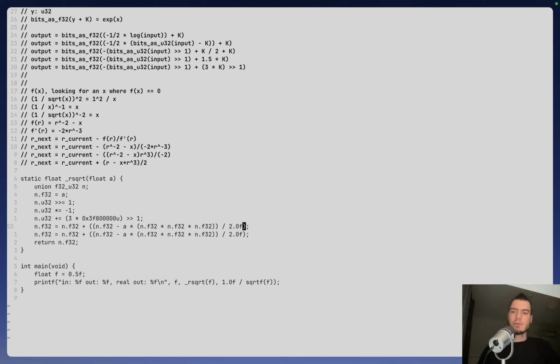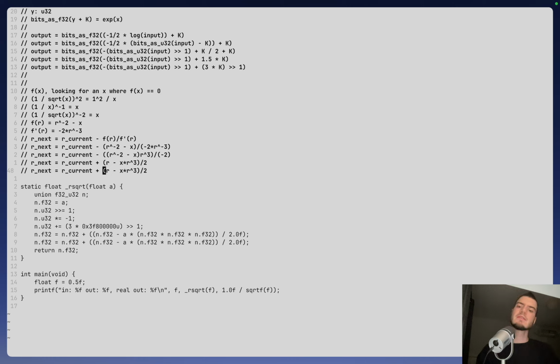The first thing we can do, we can factor out our R value here and make this R times 1 minus R to the power of 2.